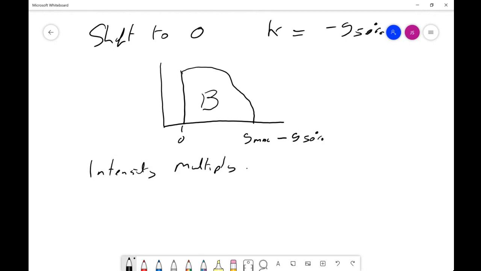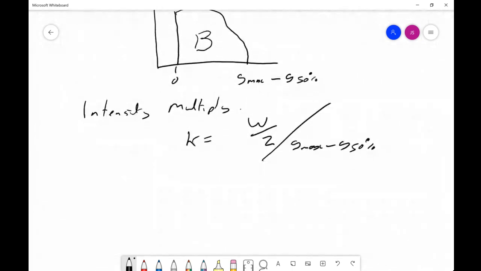But this we can now take to the halfway point, W over 2. So if I multiply by K, the multiplying constant is W over 2 divided by G max minus G 50%. It's going to take this point to W over 2. 0 will be anchored at 0, and it will spread it over half the intensity band.